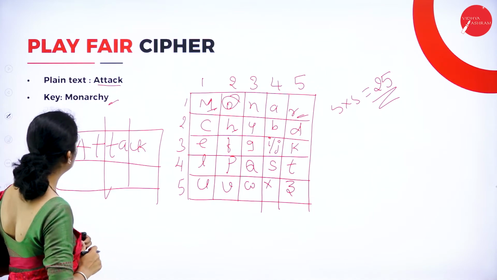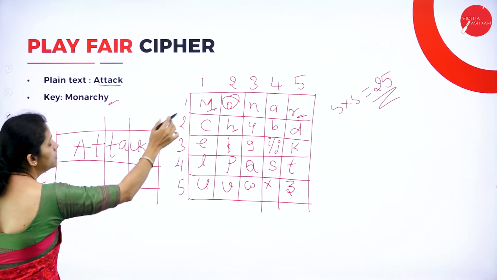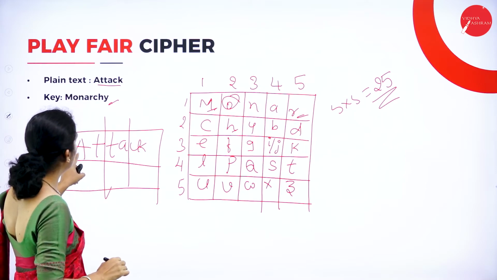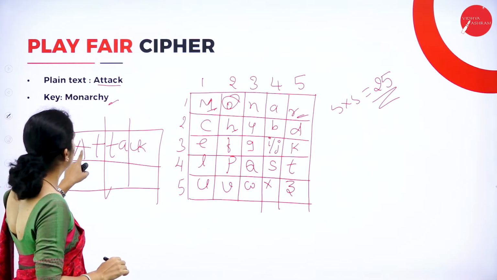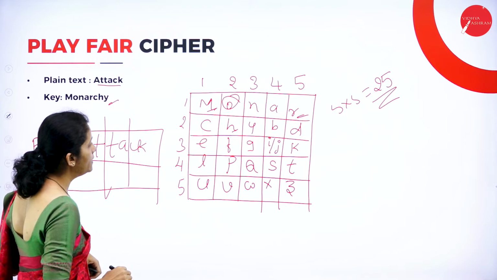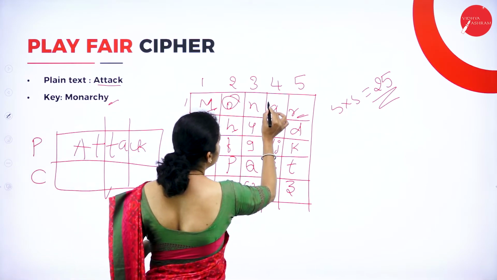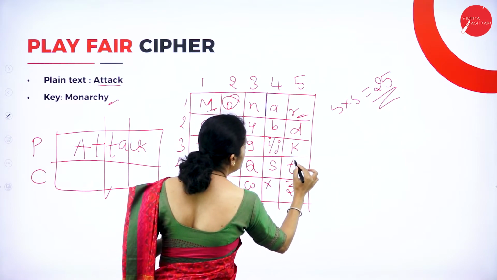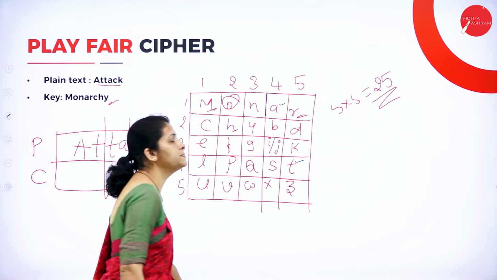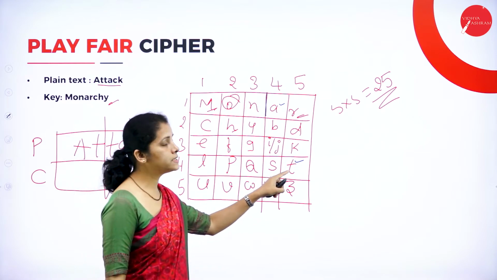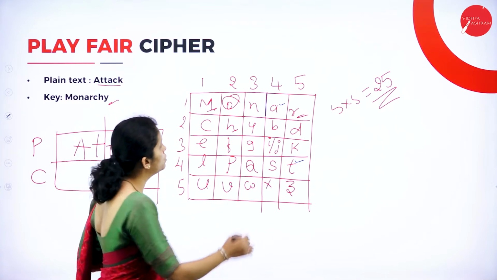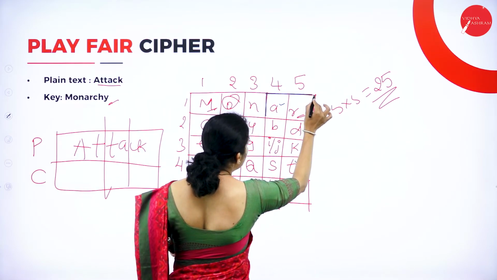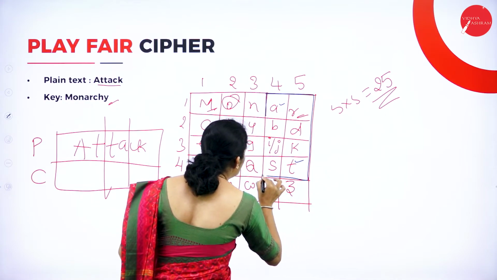Now what I want to do, I want to consider this matrix and I want to search this letter. So A and T. See here, A is present here and T is present here. So what I want to do, I want to draw the rectangle box.